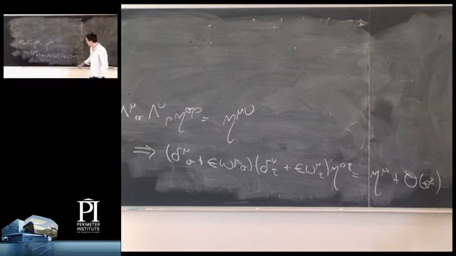Okay, it's very clear. So what have we got? We have the deltas, which are just going to give back this, and then there are the terms linear in epsilon, which are going to be the things that are interesting, and there's the term epsilon squared, which we're going to neglect.